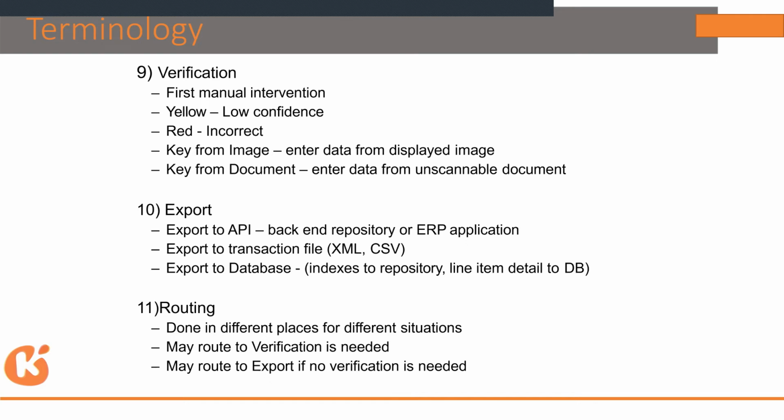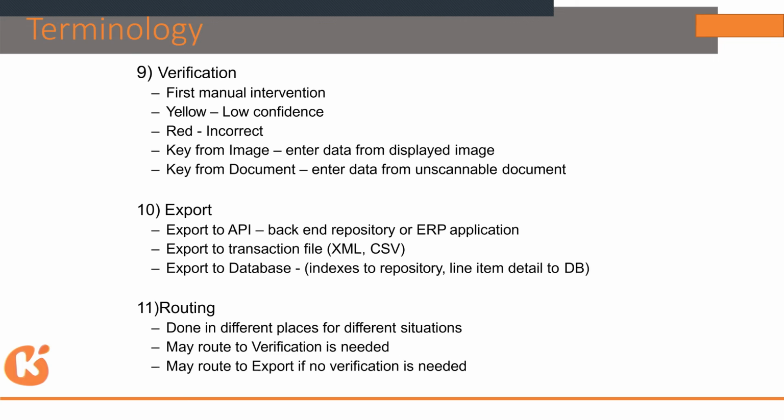For example, based on the image quality, Datacap may not have extracted data with 100% accuracy. So Datacap will identify that as incorrect data or low quality, low confidence data. Some kind of color coding system is available in the verification process in Datacap. If it is wrong data, it will assign a red color to the field.